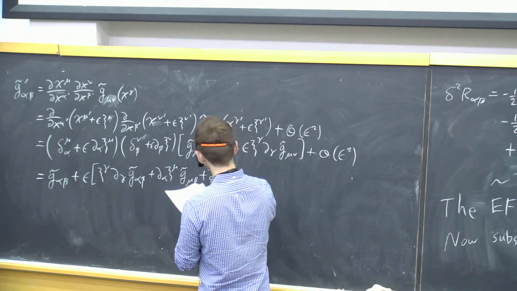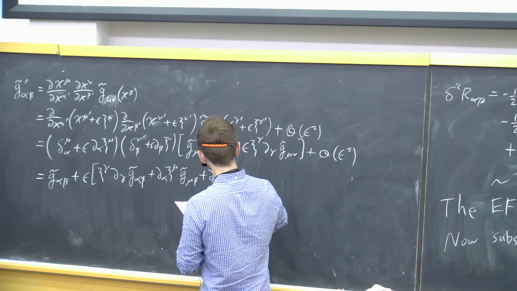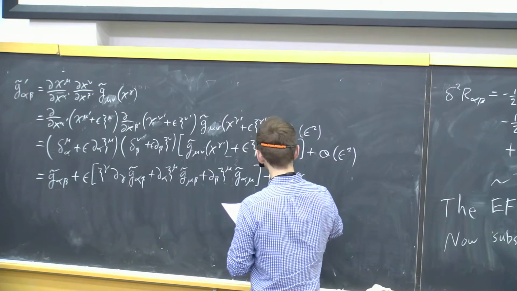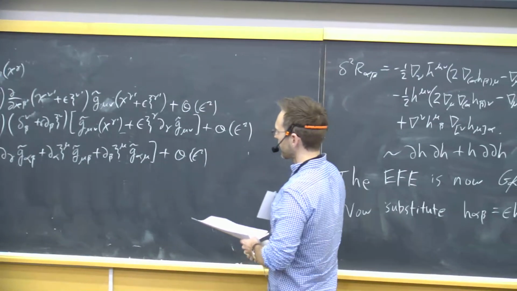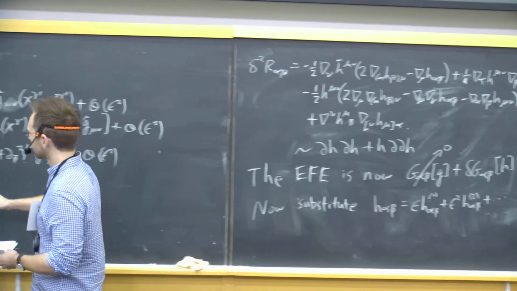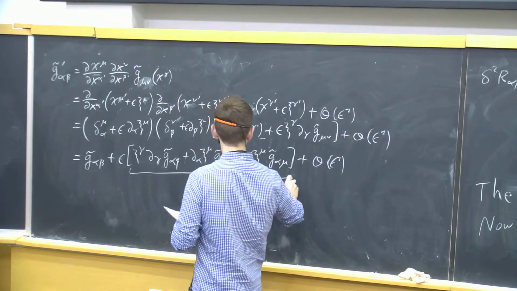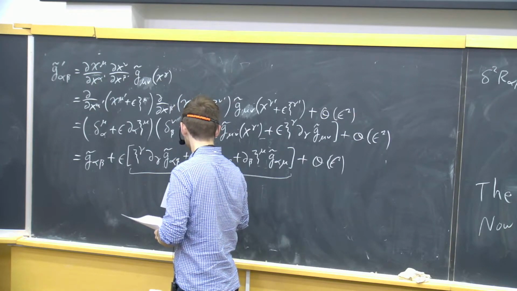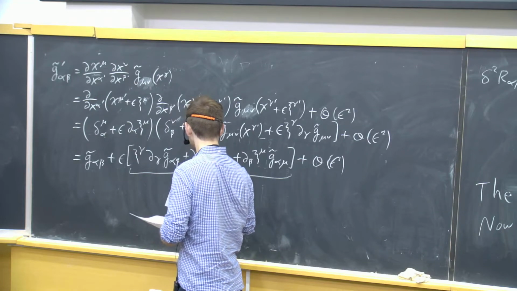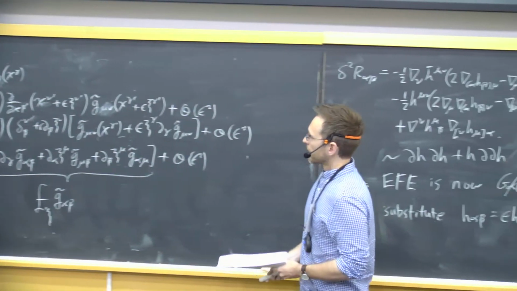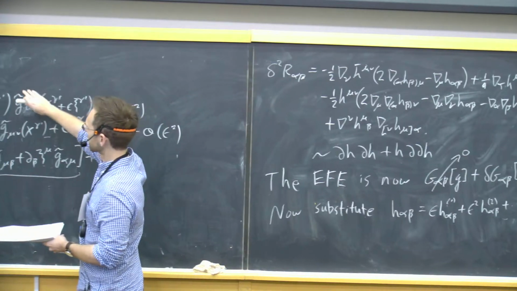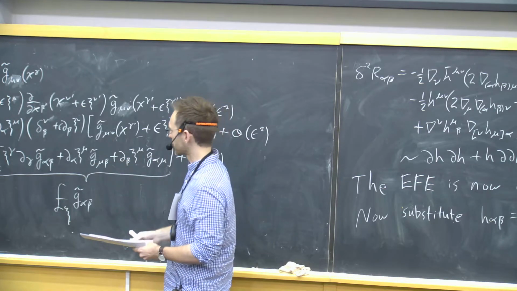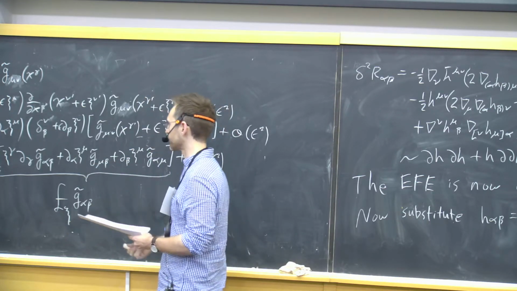Now we have the beta derivative of xi mu. Plus order epsilon squared terms. And depending how much differential geometry you studied, you'll recognize this as a Lie derivative in the direction of xi of g tilde alpha beta. So once you're familiar with Lie derivatives, you wouldn't actually go through this calculation. You would just recognize that the expansion along the flow generated by xi is just a linear term in that expansion.